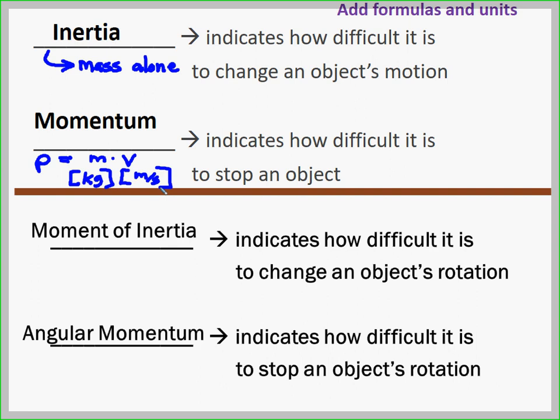Moment of inertia, symbol capital I. If it's just a point mass, like a yo-yo swirling on a string, it's just mr squared. But if it's a cylinder or a sphere, it could be 1/2 mr squared or 2/5 mr squared. But today's lesson is all about angular momentum, right down here.